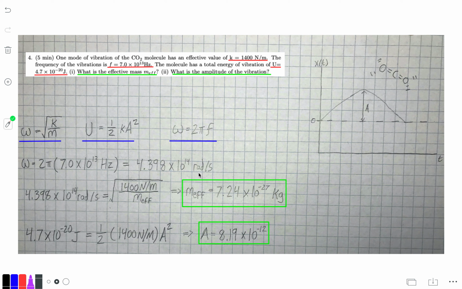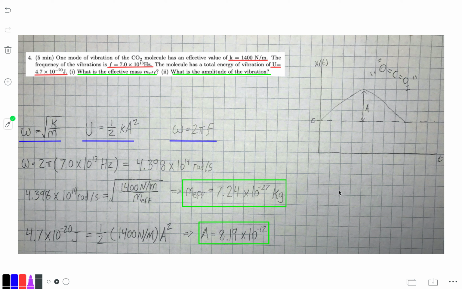From here we can plug into the equation for the mass, which is this effective mass right here, with our omega and our K. Rearranging with Wolfram Alpha, we are left with this value, 7.24 times 10 to the negative 27 kilograms, as our effective mass.